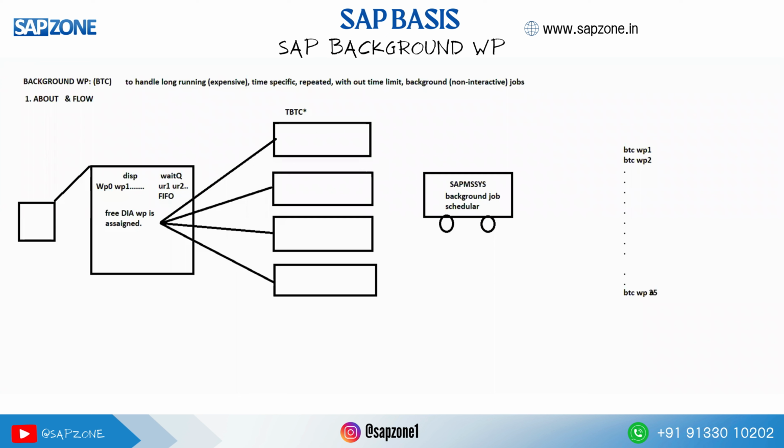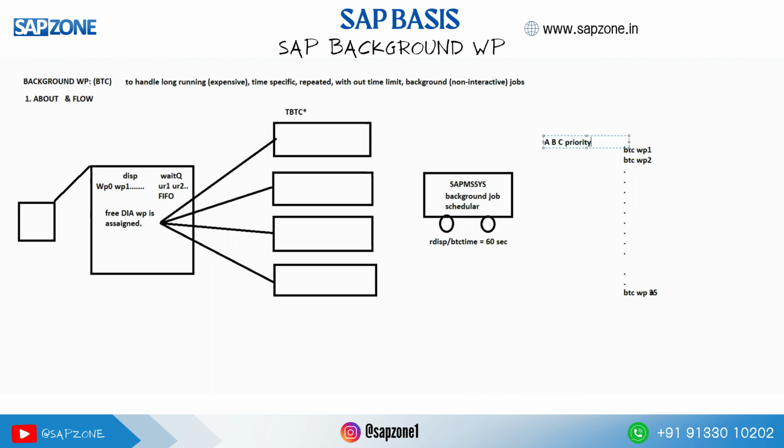The background job scheduler will come based on the parameter called rdisp/btctime. This parameter's default value is 60 seconds. It means every 60 seconds the scheduler will come, read these tables, and assign the background work process based on the A, B, C priority.